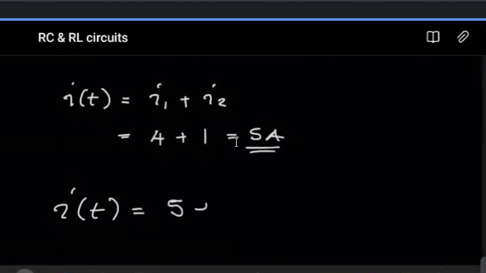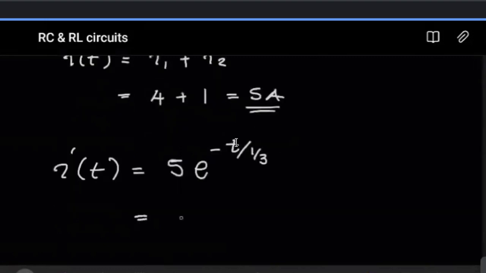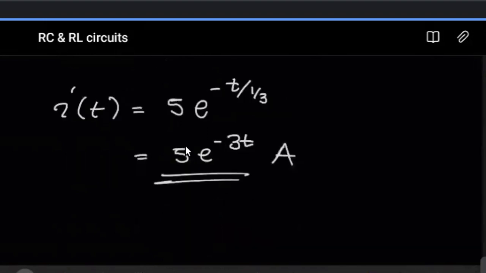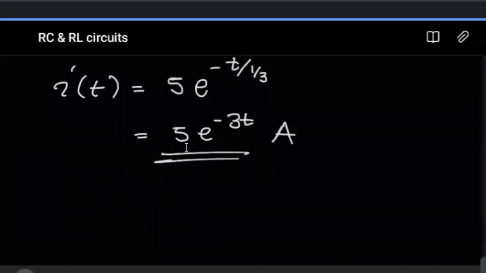Remember that was 1 over 3. So if we simplify this, this becomes 5 e to the power minus 3t. So this is what we have. And of course, the units, this is current, so we have the amps there. Okay, so any questions there?